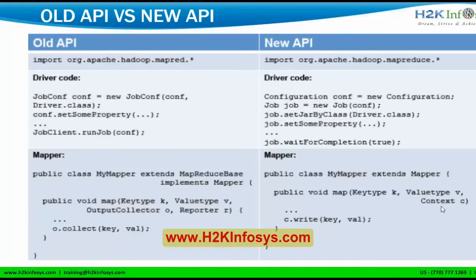So here I will use context dot write to write all the values. In the old API I would write o dot collect, and in the new API I will write c dot write. So those are a few differences between our old API and new API.